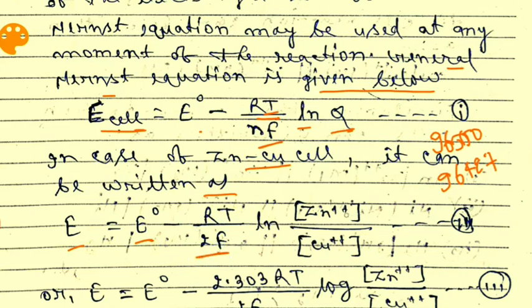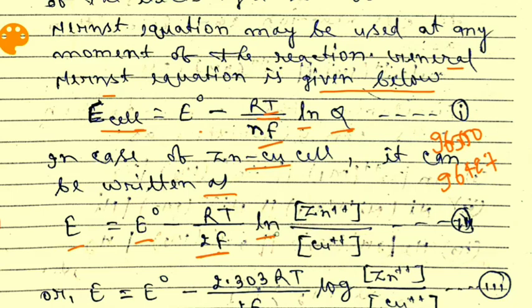Because zinc loses 2 electrons, and the copper ion gains those 2 electrons. So in place of n, 2 is written here. ln means log on base e. What is the meaning of ln? Log on base e. Its value is a little different from log on base 10.